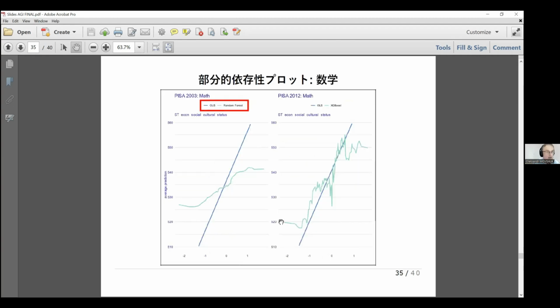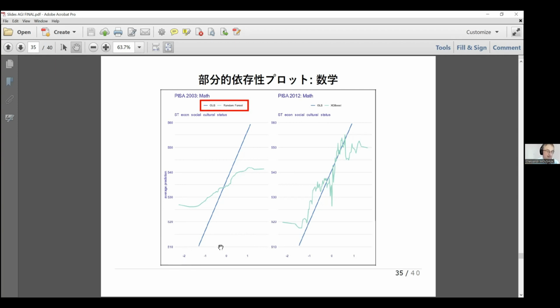test scores. Next is the partial dependence plots, PDP plots. PDP plots are basically the expectation of the average effect from a given variable. For example, here I look at the effect from socioeconomic status on average test grade.